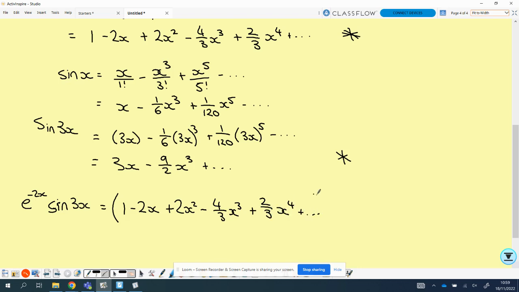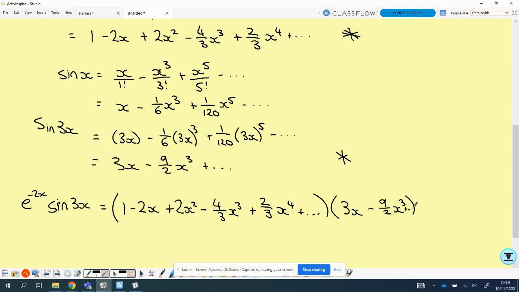And you can write dot dot dot just to show that there were more terms there. That's for e to the negative 2x, and that's going to multiply my sine 3x, which is going to be 3x minus 9 over 2 x cubed dot dot dot. There were more terms there, but the powers would go fast.